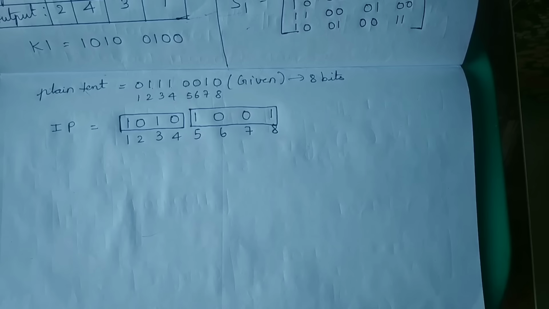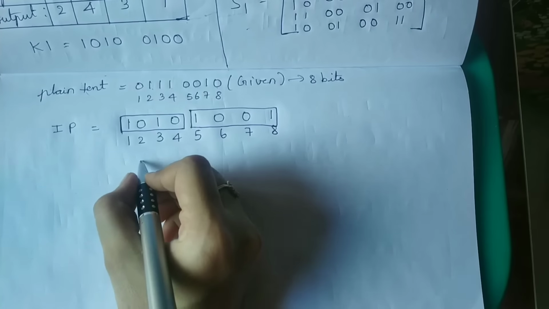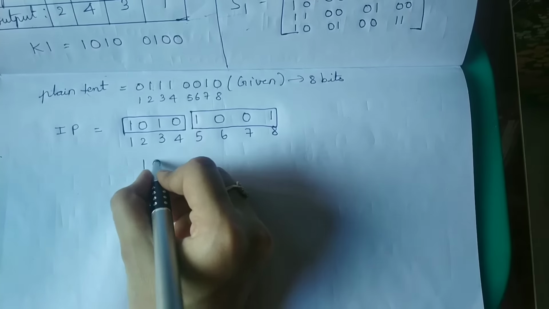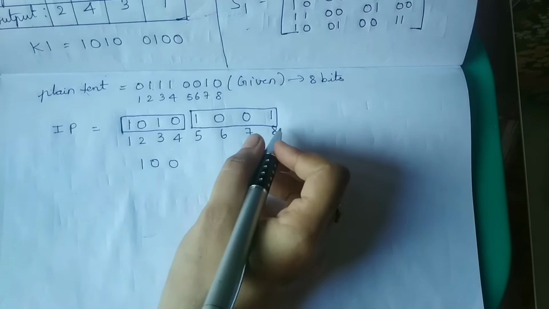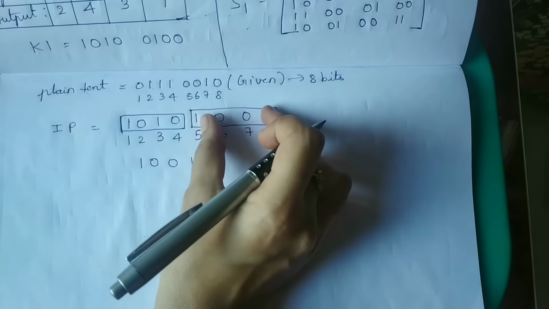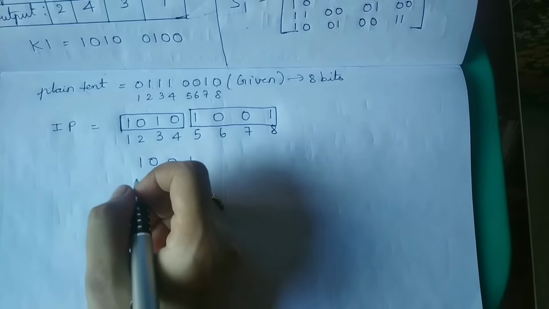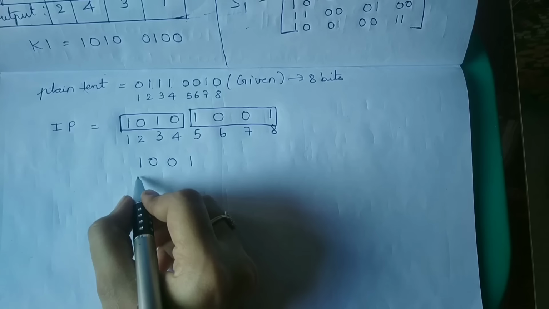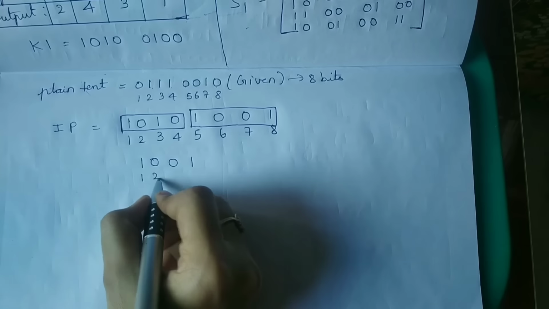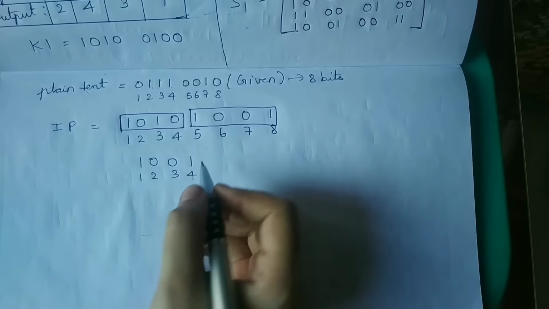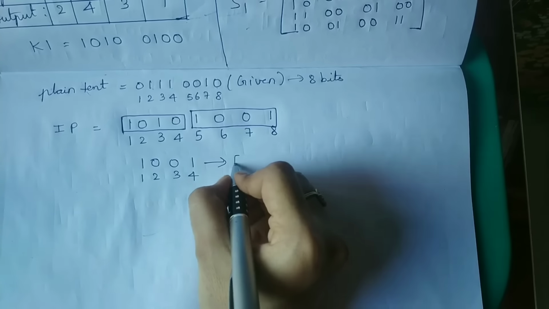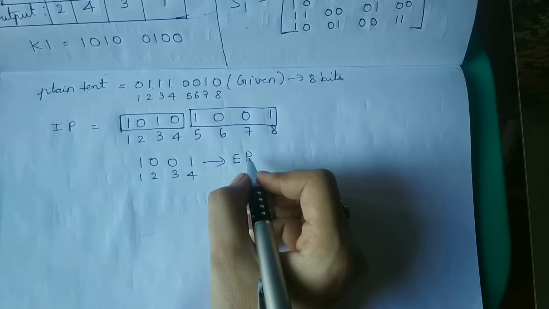Now I'm going to write the last 4 bits separately over here: 1, 0, 0, 1. Now I'm going to number this starting from 1: 1, 2, 3 and 4. Now to this I'm going to perform EP operation.